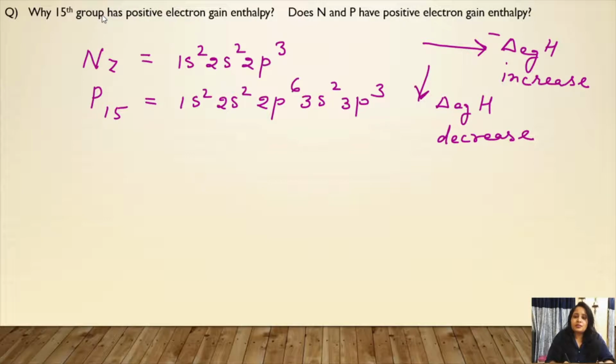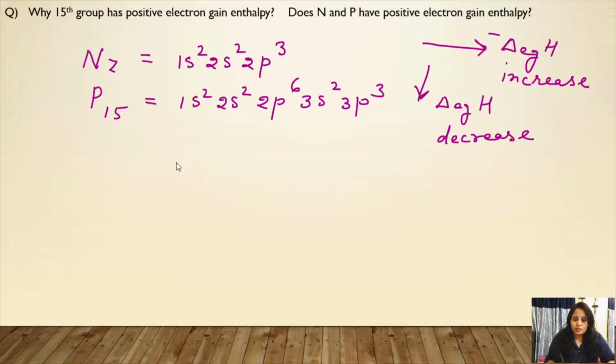So generally in the general trend we are talking about negative electron gain enthalpy, but in between from left to right, suddenly what happens when we are going from the first group to the second, then to the third, the negative amount of electron gain enthalpy increases. Suddenly in the 15th group, it is showing the positive values. Why? After that also in 16th group it is negative, and in 17th group it is more negative. So why this anomalous condition?